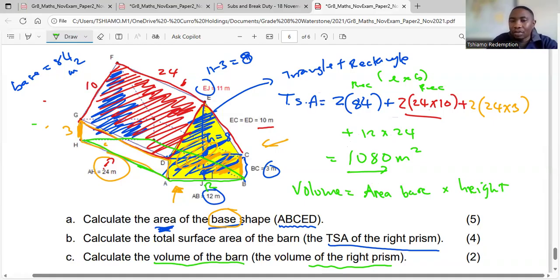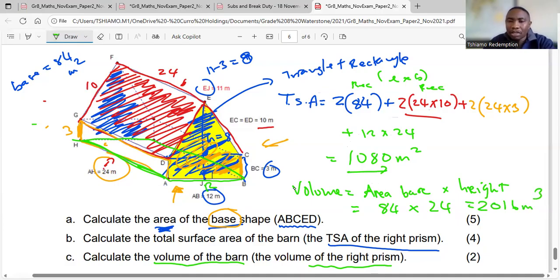So if the yellow part is the base, of which I already have the base here as 84. Now, this part, the length, if this moves like this, the length becomes the height, which is 24. Just multiply by 24, then you get 2016 meters cubed.